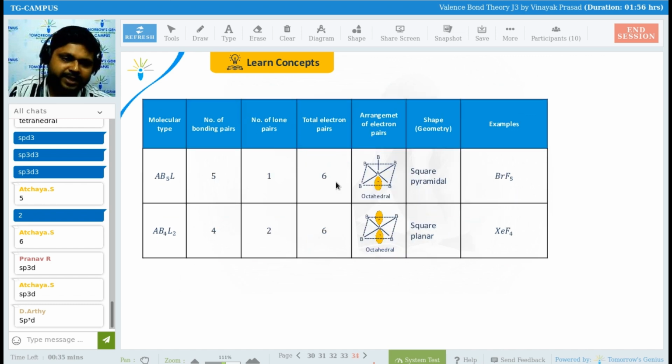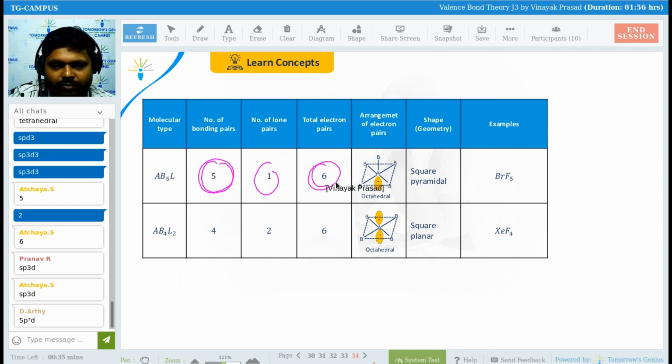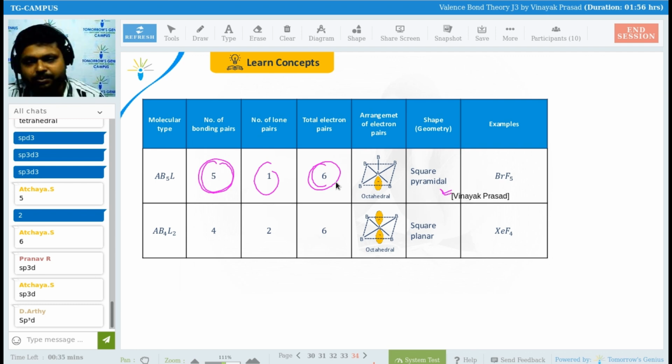Now, let's suppose the total bonding pairs are 5, and one lone pair is there. So in all, the total number of electron pairs is 6. If it is of 6 type, then the geometry is square pyramidal. Getting my point, everyone?